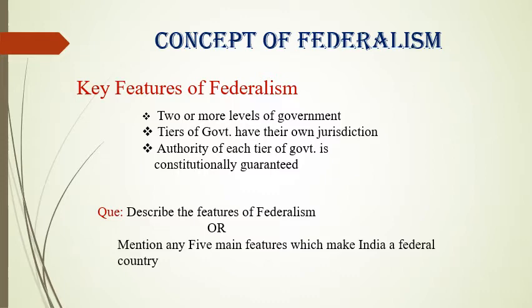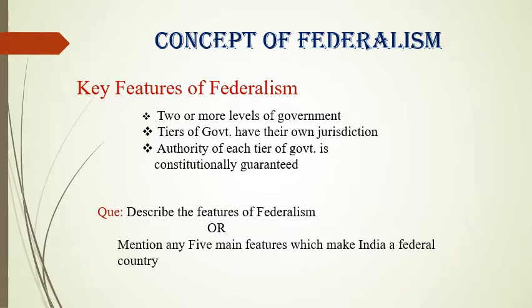Okay, students, what are the key features of federalism? Listen, first, there are two or more levels or tiers of government. Second, different tiers of government have their own jurisdiction regarding legislation, taxation, and administration. Third, the existence and authority of each tier of government is guaranteed by the Constitution of India.